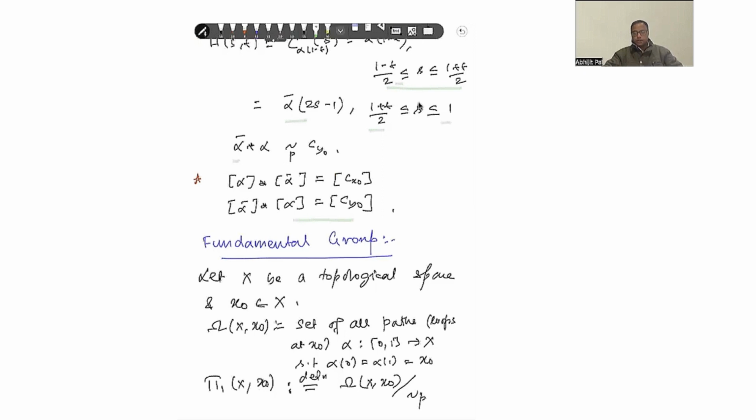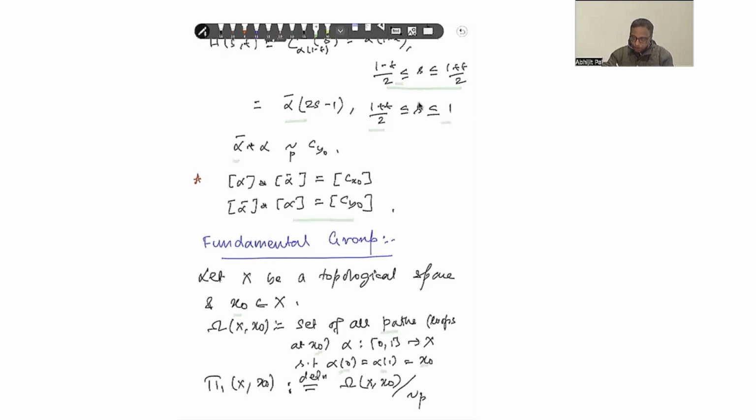So now let us come to the definition of the fundamental group. Let X be a topological space, and let us fix a point x naught belonging to X. Omega(x naught) is the set of all paths or loops at x naught such that alpha(0) is equal to alpha(1) is equal to x naught.